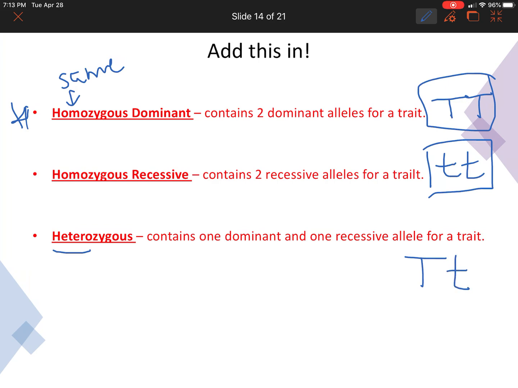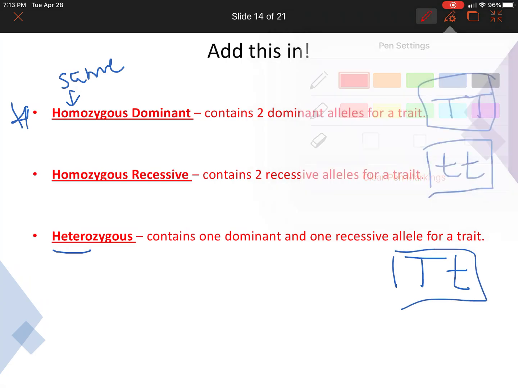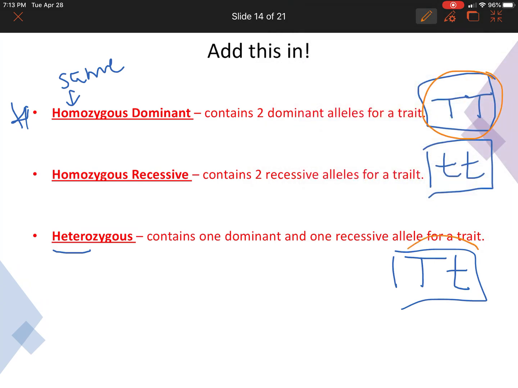Just as a review, when we're talking about a dominant trait, that's the stronger trait, the one that's going to take over. So if I asked you which out of these three choices, homozygous dominant, recessive, and heterozygous, would have the same phenotype, which means they look the same, let's use orange, it's going to be this one and this one.